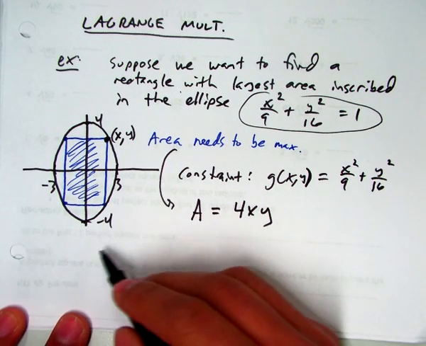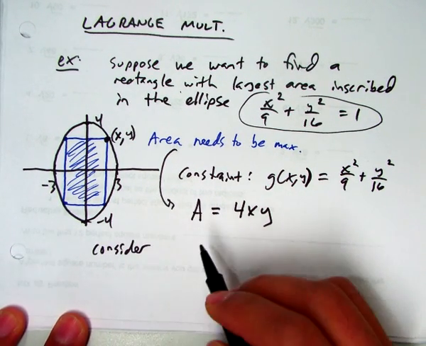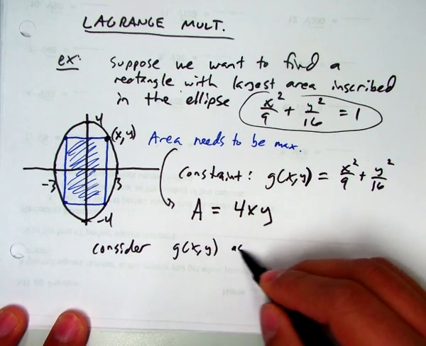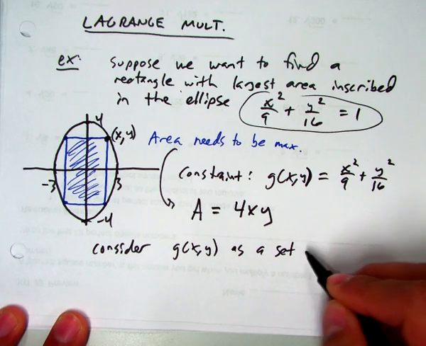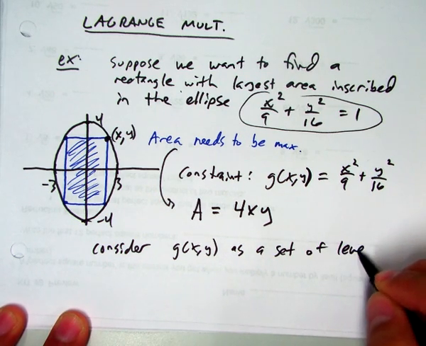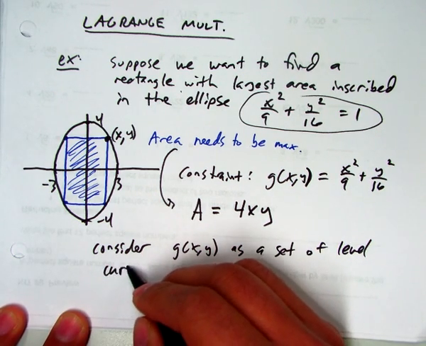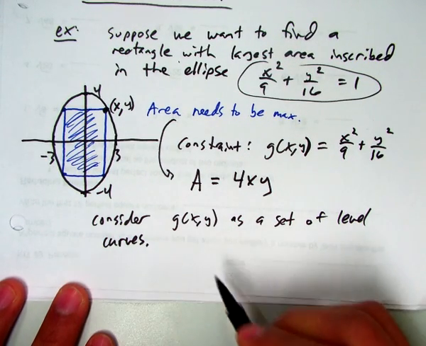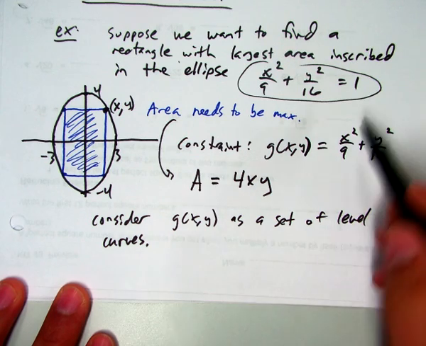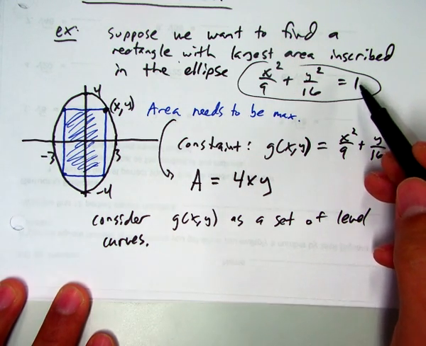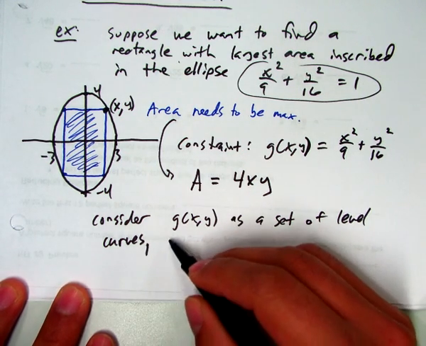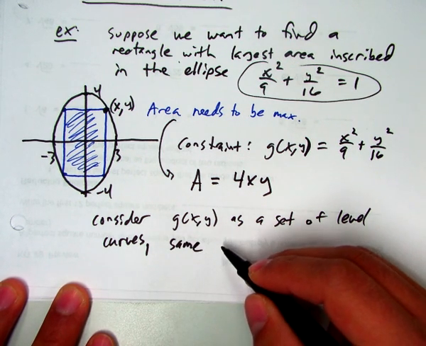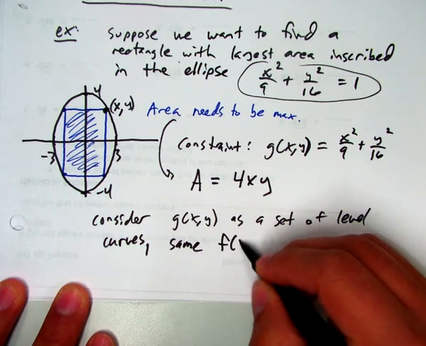So here's what we're going to do. We're going to consider g of xy as a set of level curves. In particular, we'll be interested in the one that's equal to 1, since we already know that. And we'll also do the same with f of xy equals 4xy.